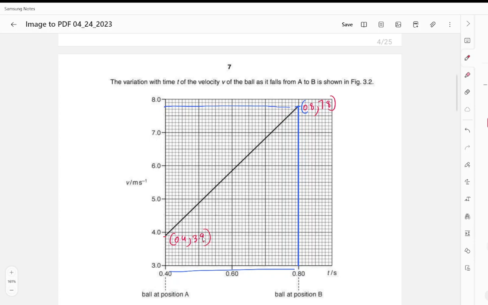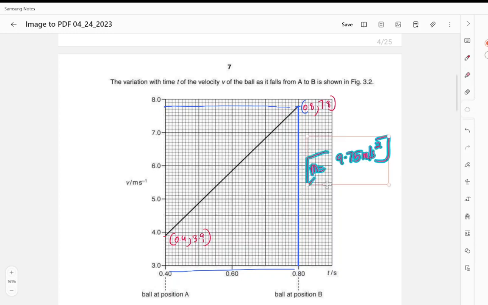So the gradient, m, is equal to 7.8 minus 3.9 divided by brackets x2 minus x1. So 0.8 minus 0.4, bracket closed, and 9.75. So 9.75 meter per second squared. This is the gradient.